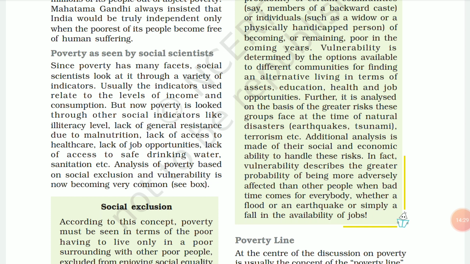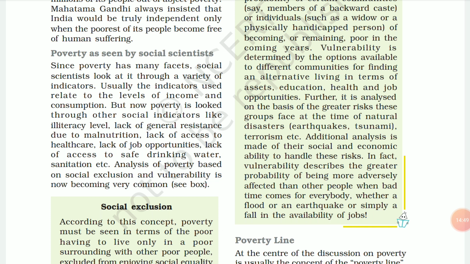Now let us see poverty as seen by social scientists. Since poverty has many facets, social scientists look at it through a variety of indicators. Usually, the indicators used relate to the levels of income and consumption.